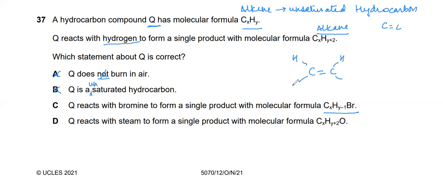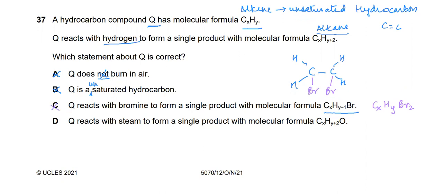When it reacts with bromine, Br2, the double bond will change into a single bond, and then the 2 bromines will be attached: 1 bromine to this carbon and 1 bromine to the other carbon in order to satisfy it. So this formula doesn't come out. You will be getting a formula which is CxHyBr2. This is going to be the product, not this, right? So option C is wrong.